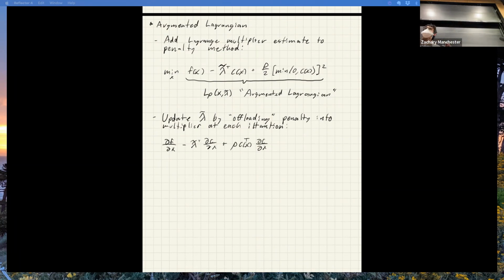And I'm ignoring the min switchy guy in there for right now, assuming this constraint's active, okay? So I can rewrite this slightly as partial f partial x, and then I can group the lambda and constraint terms together to look like this.